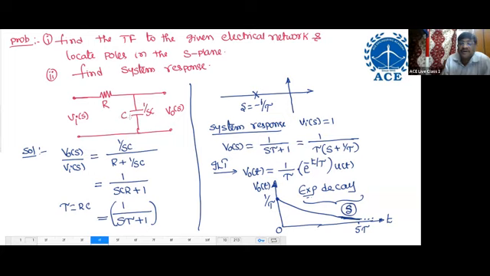The simple RC network gives one pole on the negative real axis, and it gives a response of exponential decay.